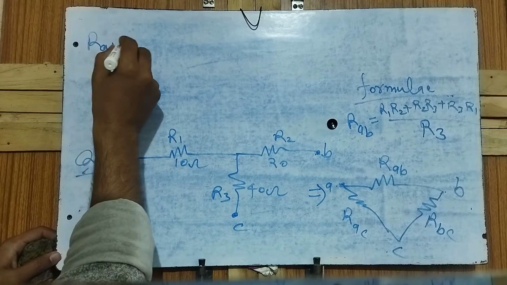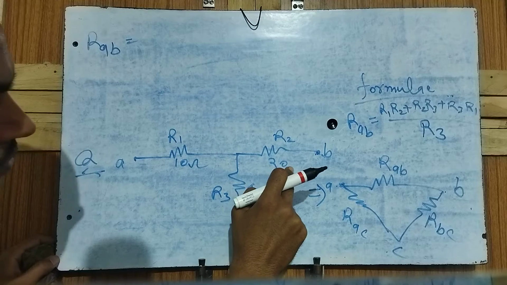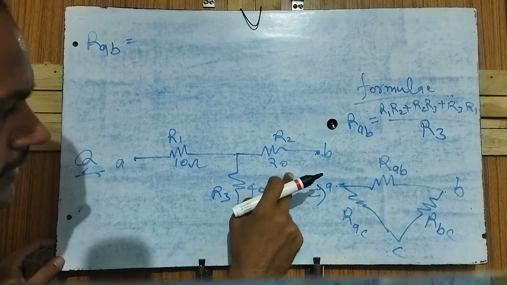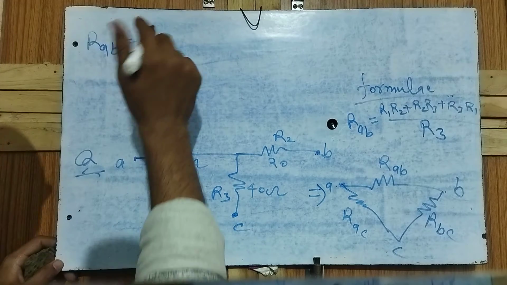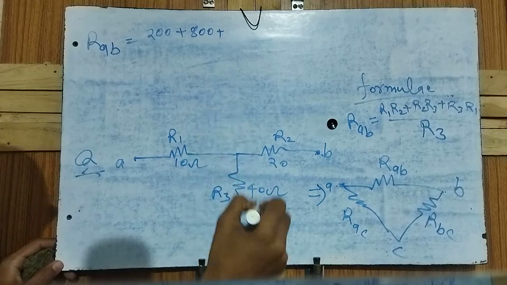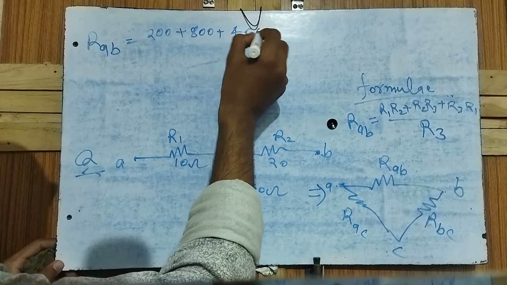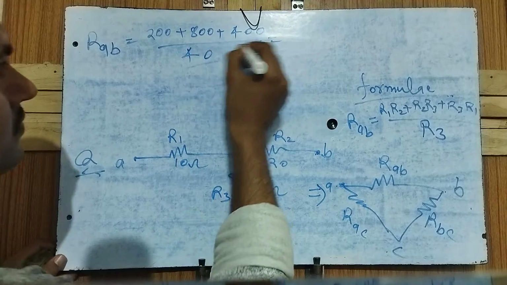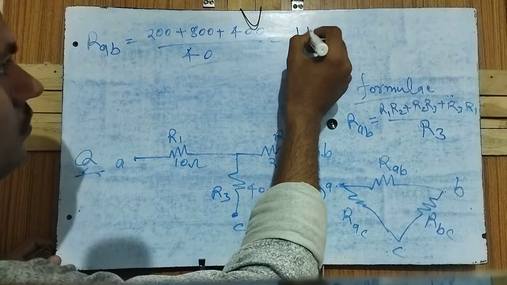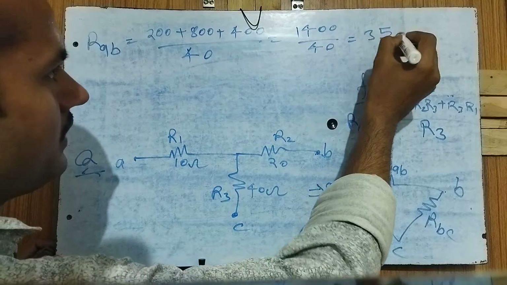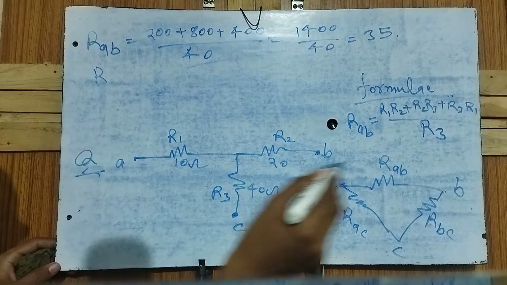RAB is equal to 10 into 20, 200; 20 into 40, 800; and 40 into 10, 400. So 200 plus 800 plus 400 divided by R3, that is 40, is 1400 divided by 40, that is 35.